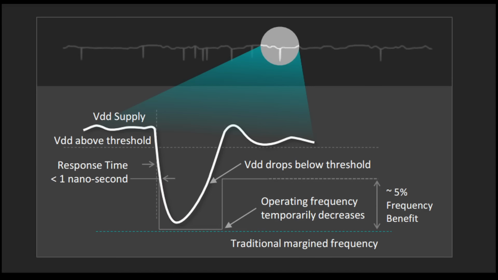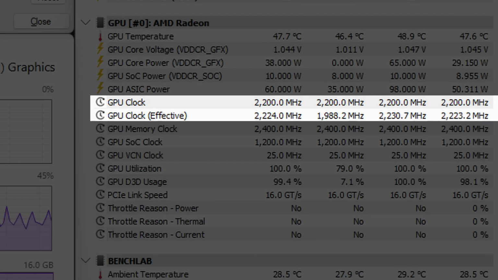The idea is simple. Since the operating frequency is tied directly to the voltage, if a voltage droop is detected, the effective clock frequency gets lowered to ensure continuous operation rather than having a system crash. The real-world impact of voltage adaptive operation is that the effective clock can differ from the set target clock.